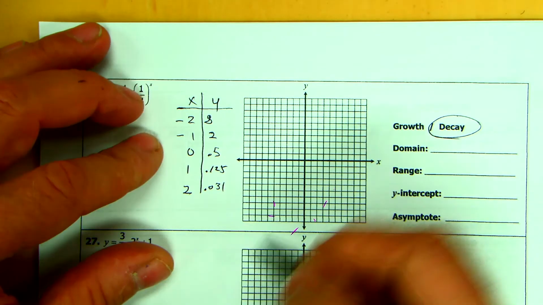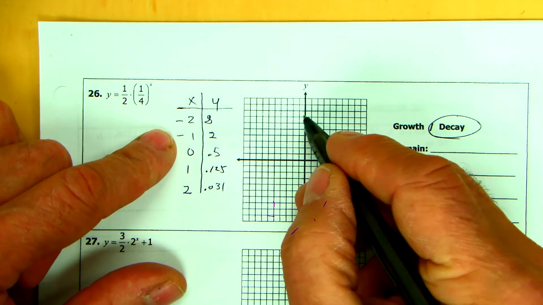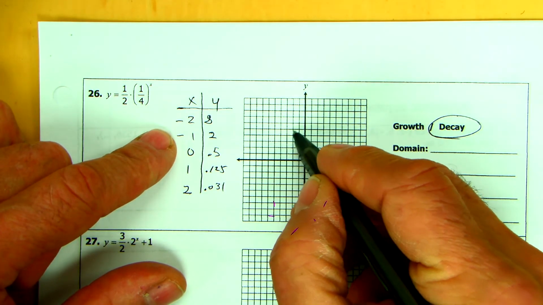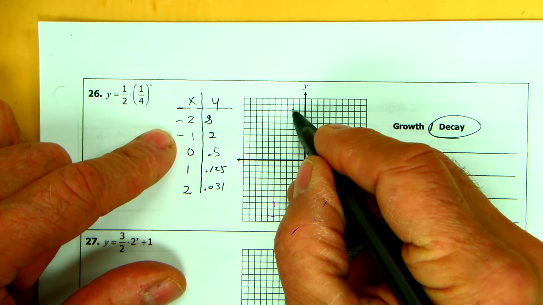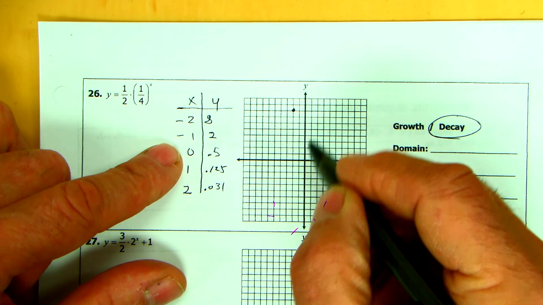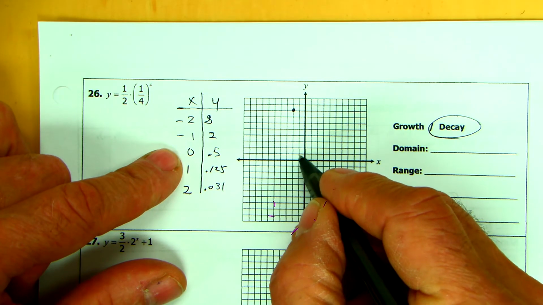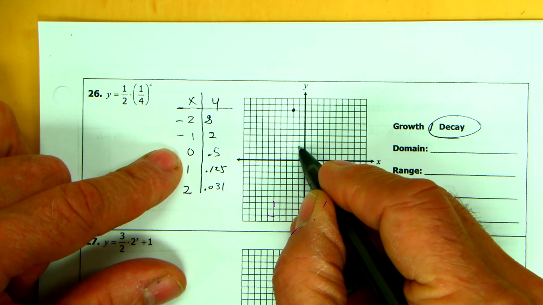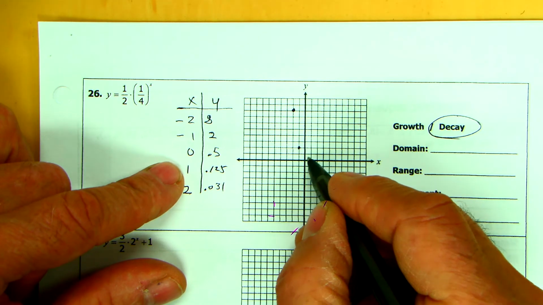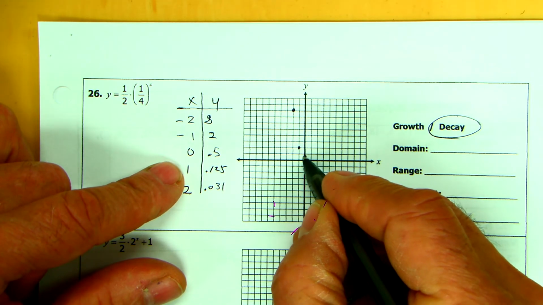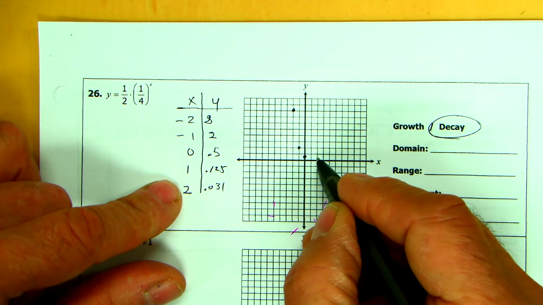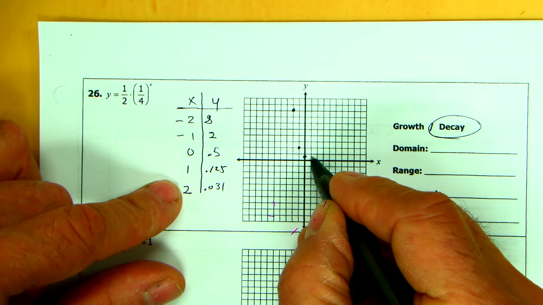Now let's graph it. At negative 2, I have 8, right here. At negative 1, I have 2, right here. At 0, I have 0.5, right here. At 1, I have 0.125.